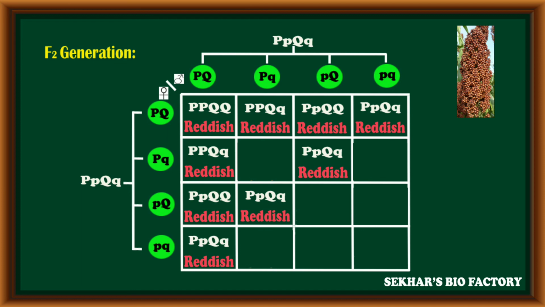Out of 16 individuals, 9 offsprings have the new or third phenotypic character, in the form of reddish grain.